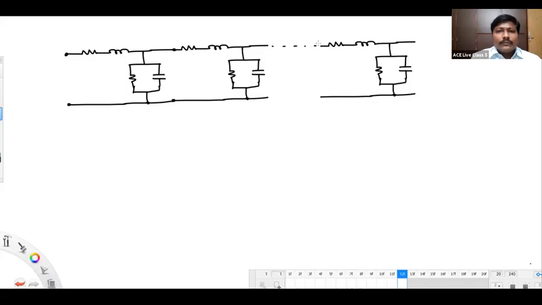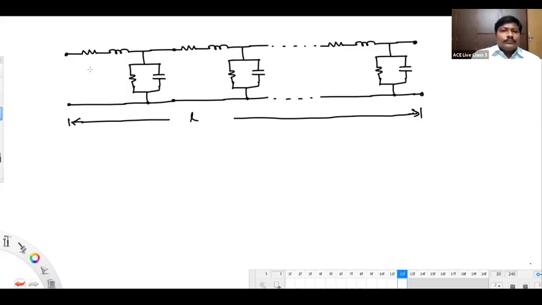And this is for the complete length of the line. RLCG, circuit parameters. So this is the approximate distributed model.